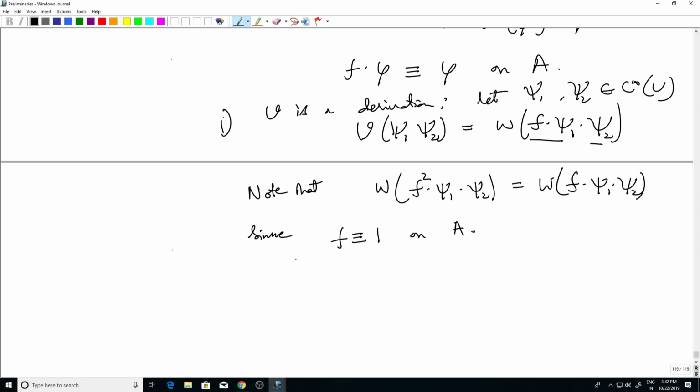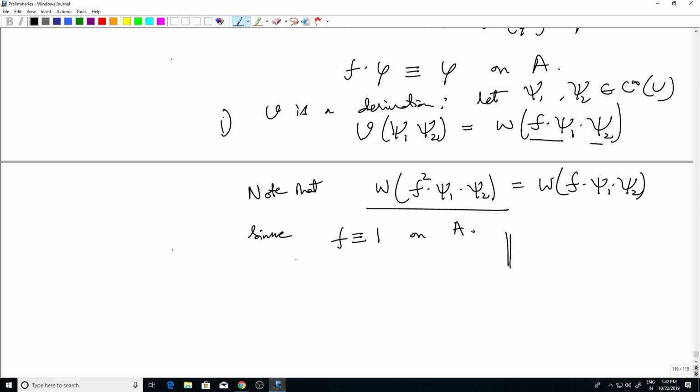On A, both of them agree. Both F and F squared are 1. So these two agree, and therefore the value of W acting on that is the same. But writing it in this form makes it easier to check the derivation property.